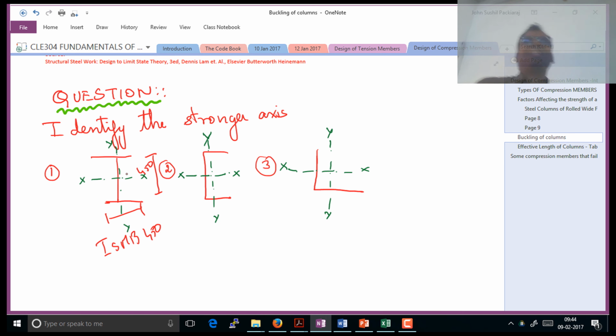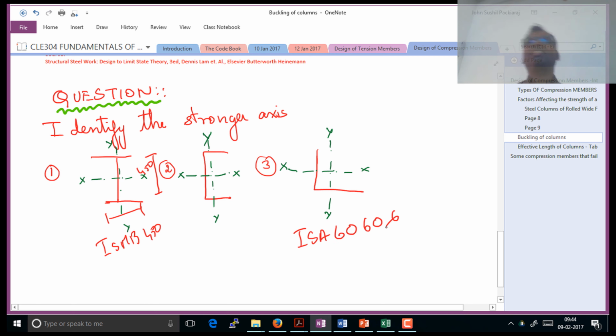Okay. Now, would you like to try again for your favorite section number 3, which is a stronger axis? Let us say that this is an IS angle 6066. Which is the stronger axis?